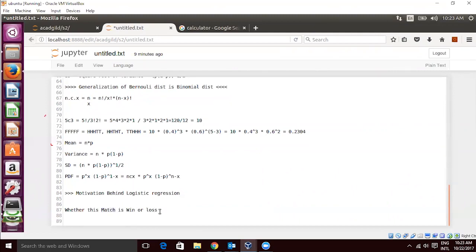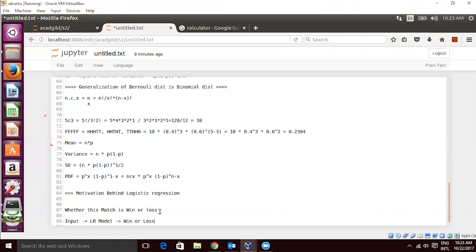For that I need an input. I'll give the input, then I'll hit the logistic regression model, and that will give me the output, which will be either win or loss. When we discuss the machine learning class, we'll discuss everything.